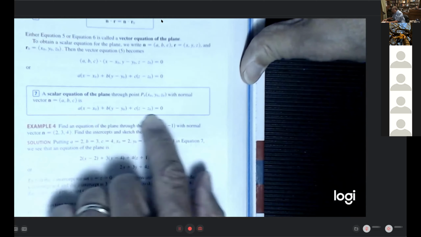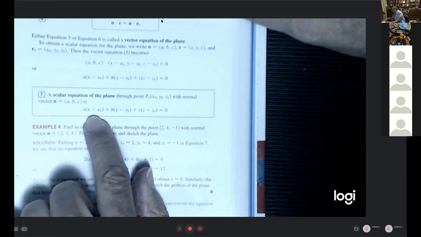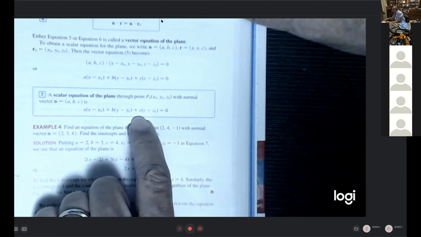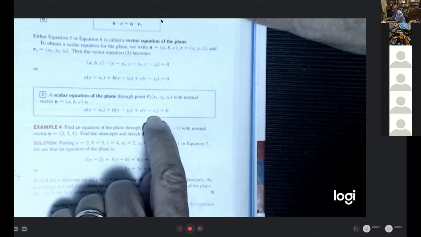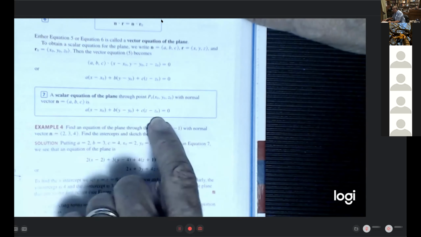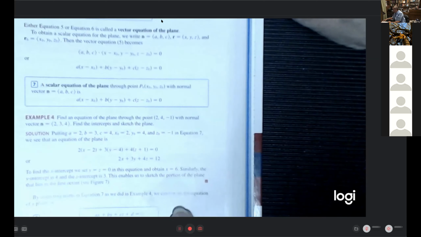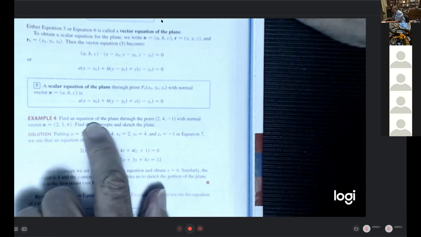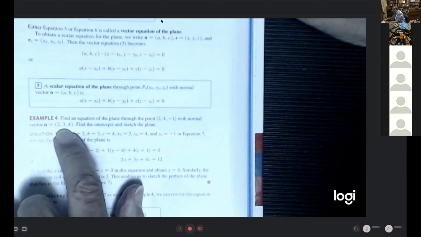This is what we call the scalar equation. I just call it the equation of a plane. The A, B, and C is the normal vector n, and the x naught, y naught, and z naught is the point. So if you know a point and a normal vector, this is the equation. What does the book do a lot? Find the equation of a plane through the point with normal vector so-and-so.